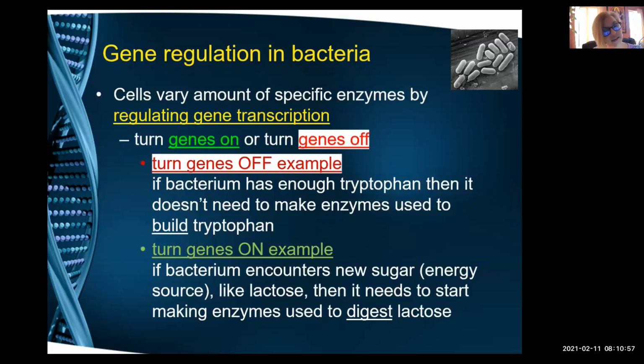Turning them on is inducible, turning them off is repressible. So when they have enough tryptophan, they don't need to make any more, so they're going to turn that gene off. Another example, this is a turning on example, and quite often we use the Lac Operon. When lactose becomes available, which is a type of sugar, then the Lac Operon is induced to create the enzymes to break down the lactose.